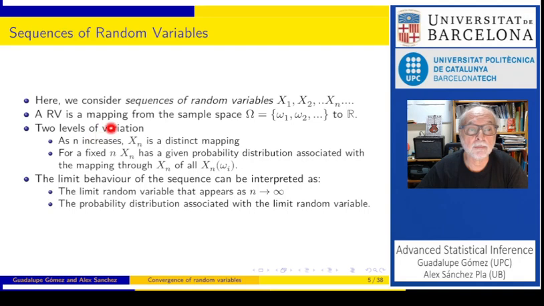By one side, as n increases, each Xn is a distinct mapping, because probably the form of the PDF will depend on n, and so we have distinct random variables. But by the other side, at each n, we have a distribution of values of x, which is the probability distribution of x.